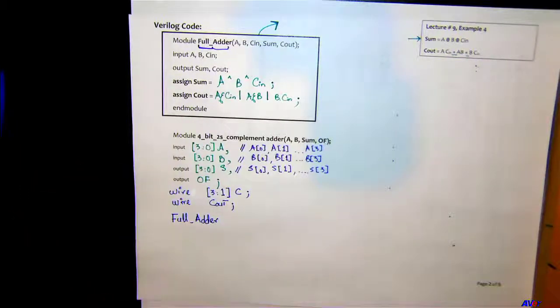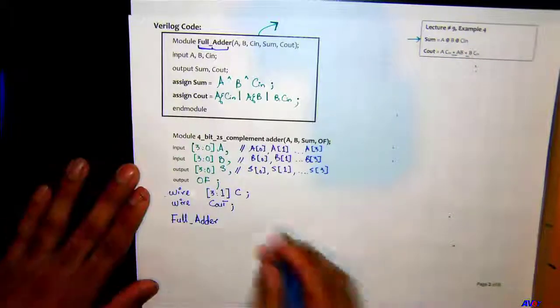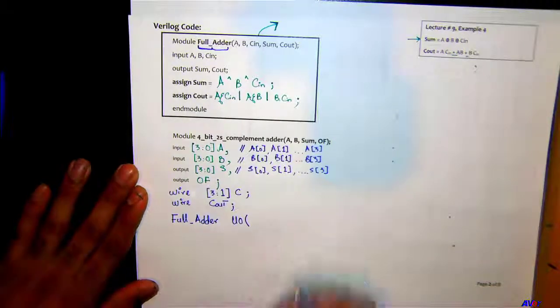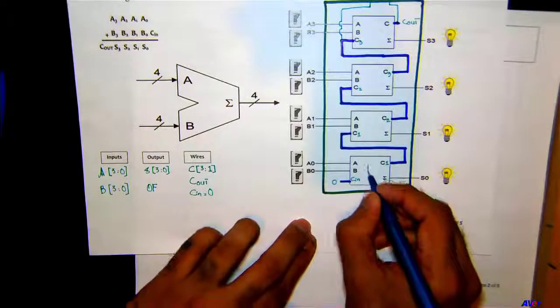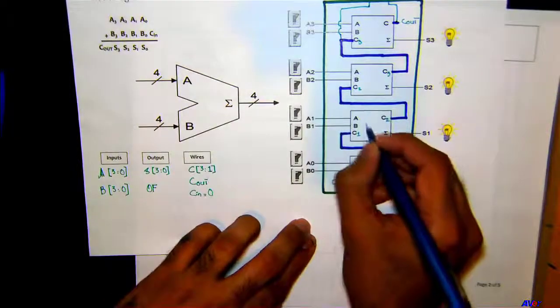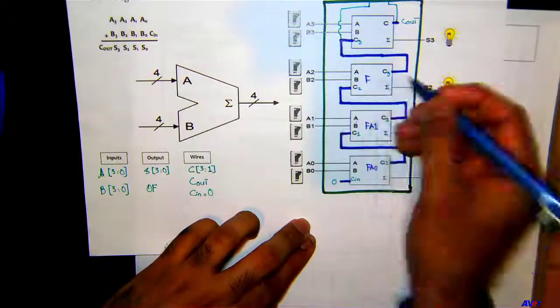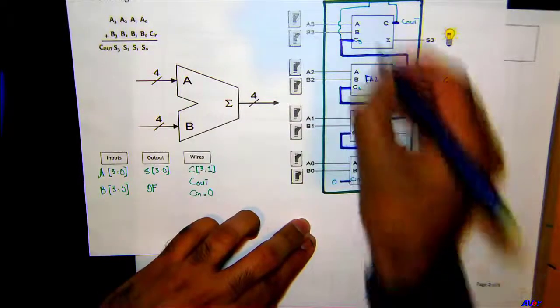And remember, since we are going to be using 4 of them, we have to give an identifier name. So I can say U0, bracket open. Okay, so this is our, say, FA0. This is our FA1, FA2, or FA3.